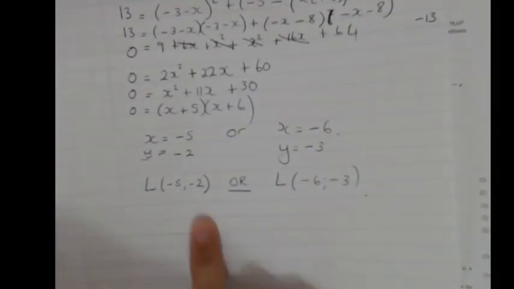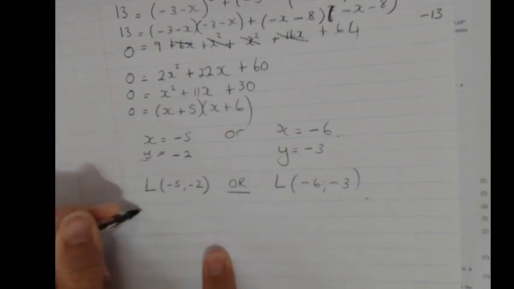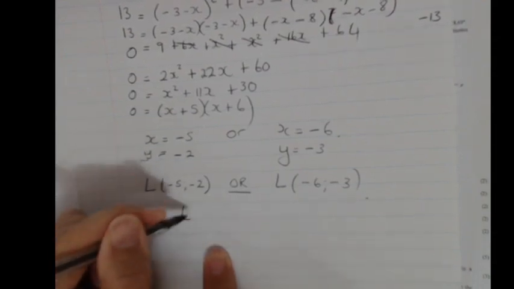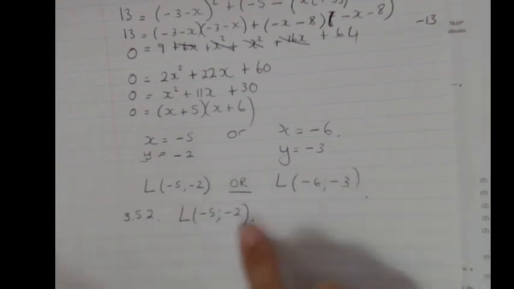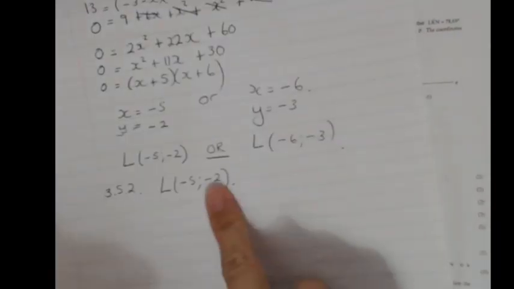Which means the L is going to be negative 5, negative 2. Let me just double check the y as well. So for the y value from negative 1 to 2, it moved up 1, 2, 3 units. And if I move from negative 5, 3 units up, it's going to be at negative 2.